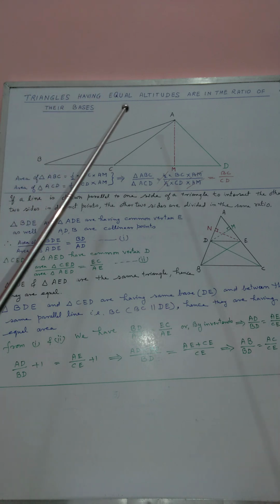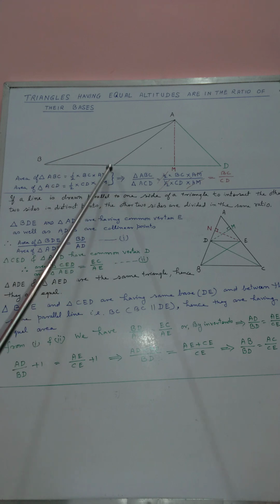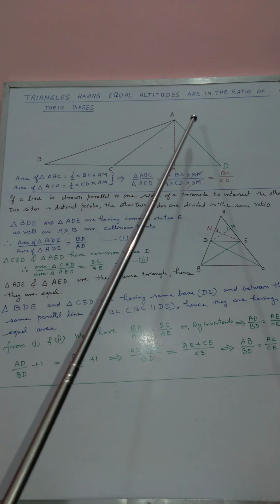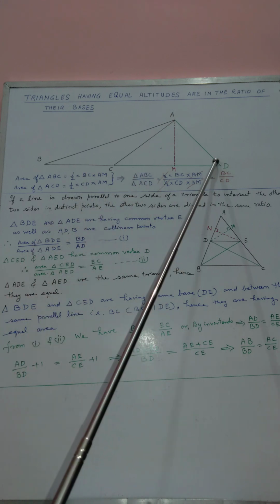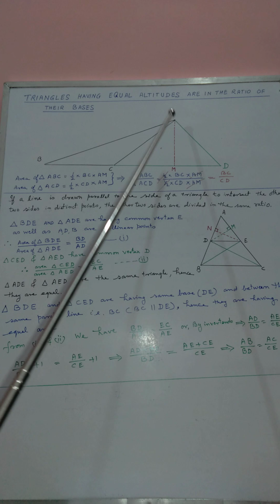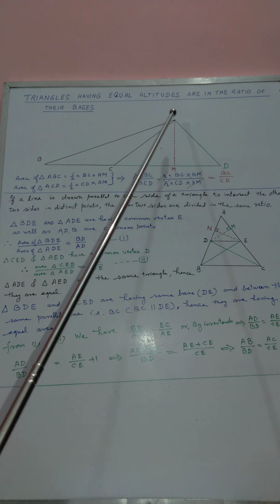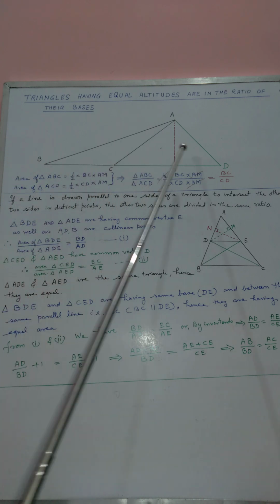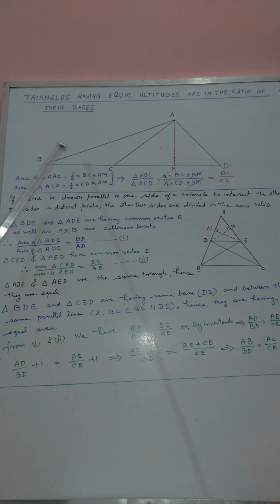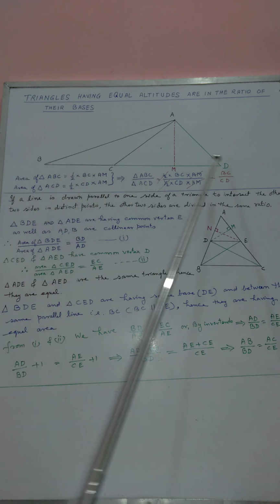You see, I have drawn a triangle ABC, and the second triangle is ACD. These two triangles have the same vertex, that is A, and the points B, C, D are collinear points, meaning these points lie on a straight line.